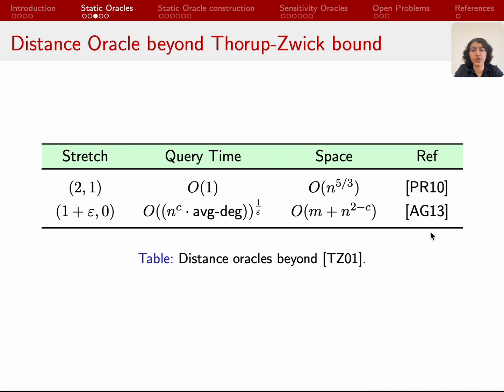So they showed that for any constant c, you can have an oracle which has m plus n to the power 2 minus c space. This will be subquadratic in n if the graph is sparse. The stretch of the oracle can be made arbitrarily small, so the stretch was 1 plus epsilon comma 0, and their query time was a function of the average degree and of course the parameters c and epsilon. So the query time was n to the power c times the average degree, whole to the power 1 by epsilon.